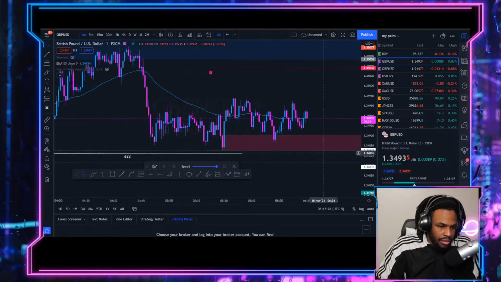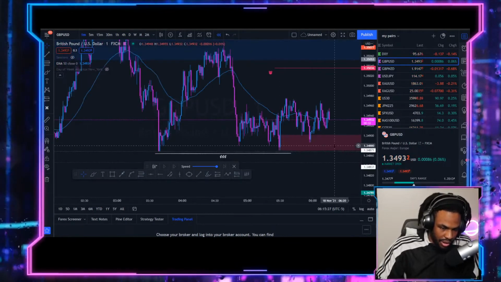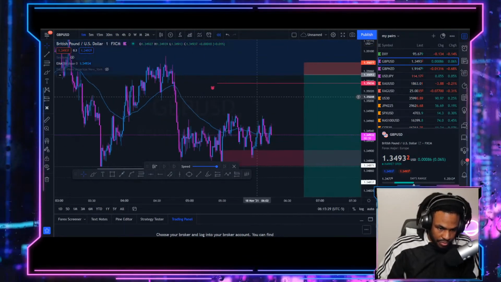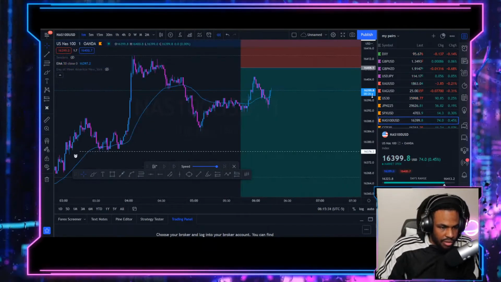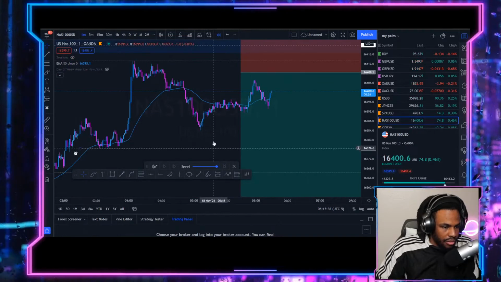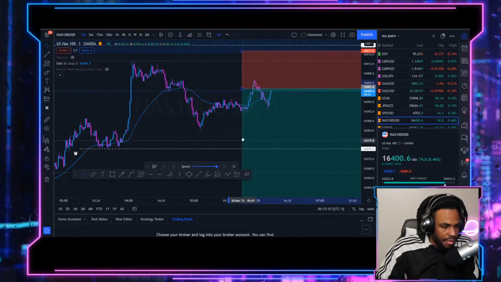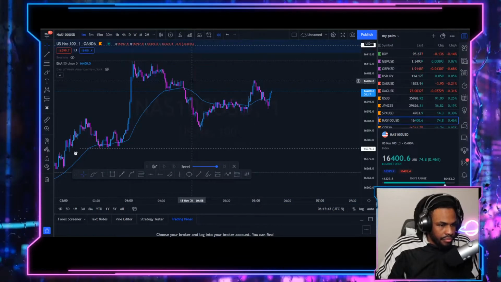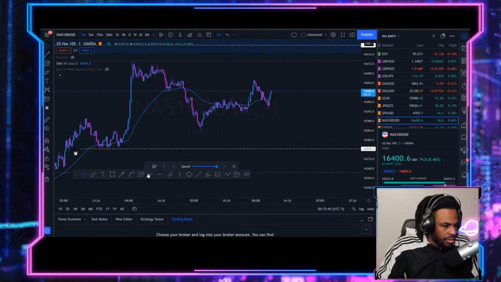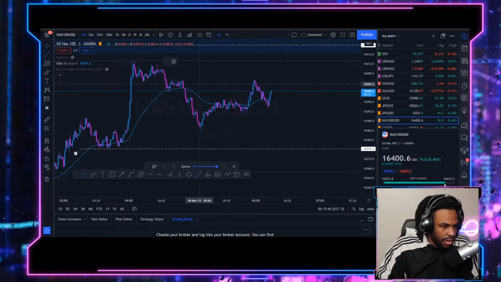In all honesty, it may give us one more push until the New York session. I want to at least get my Nasdaq position to break even before I head to bed. Yeah, it's pretty much a damn near double top right there.